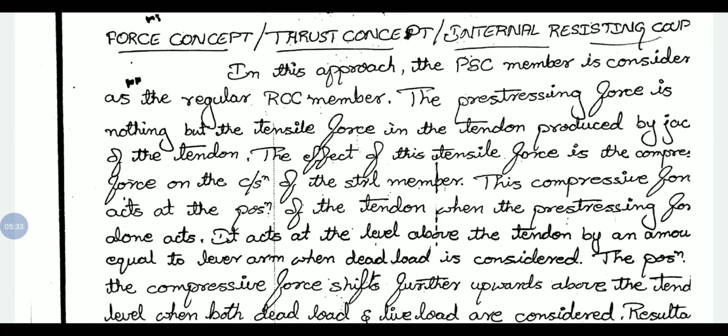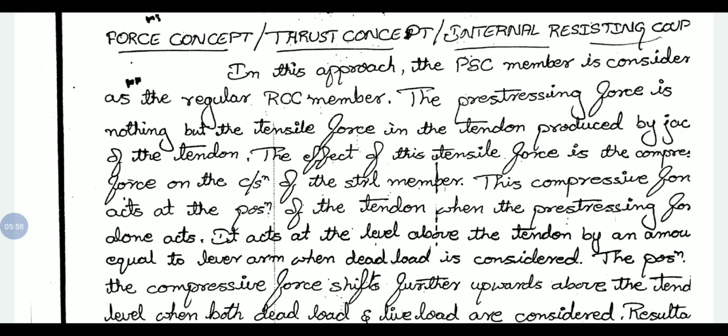As we know, if you consider only the prestressing force, top fibers will be under tension and bottom fibers will be under compression. When you apply loads, either dead load or live load, the tension zone at the top and compression zone at the bottom gradually shift in reverse.